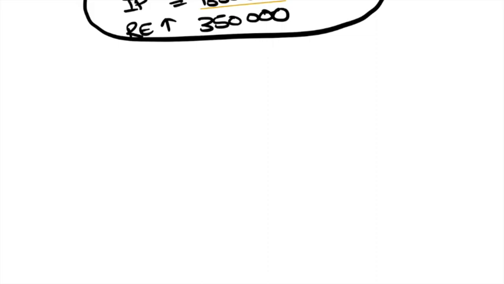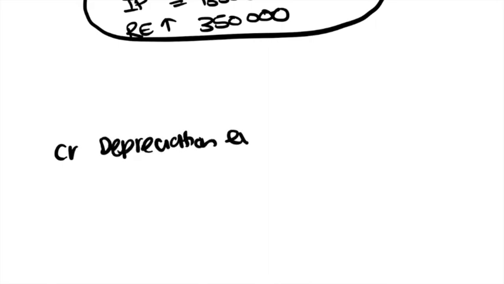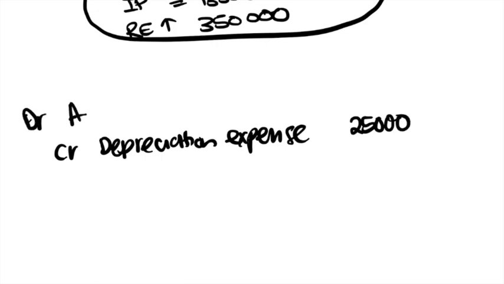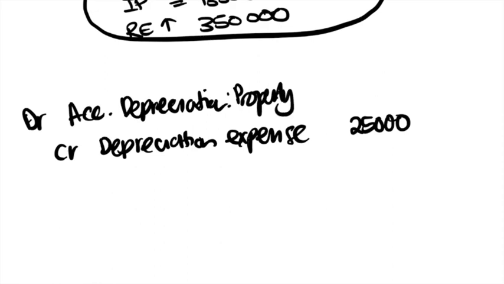So depreciation expense would have been debited initially, so we're going to credit our depreciation expense with 25,000, and we're going to then debit our accumulated depreciation on our property, 25,000.